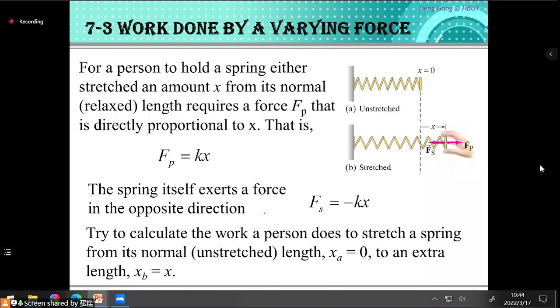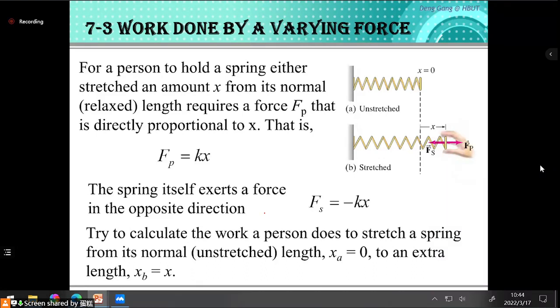For a person to hold a spring stretched by an amount x from its normal length requires a force Fp, which is directly proportional to x but in the opposite direction to the spring's force. The spring itself exerts a force in the opposite direction, Fs, which is F equal to minus kx. This is called Hooke's law.